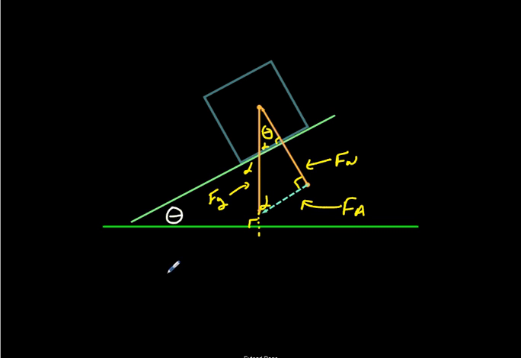Now we're going to redefine a couple of things here. We're going to say that the normal force in this case is based on Fg. If we know the mass of this thing, we can say that Fn is equal to Fg times the cosine of theta.